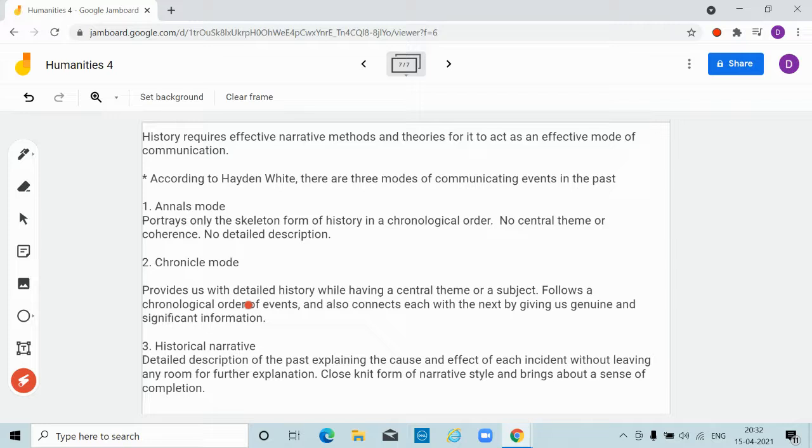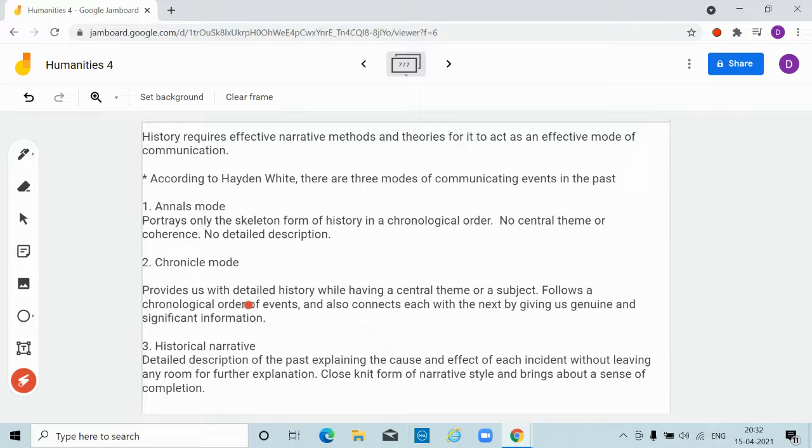For example, the same events that we discussed in the annals mode can be converted in the chronicle mode. Something like this would be said. 1947, the year would be given.